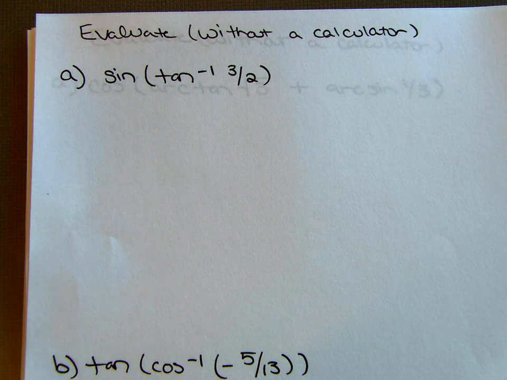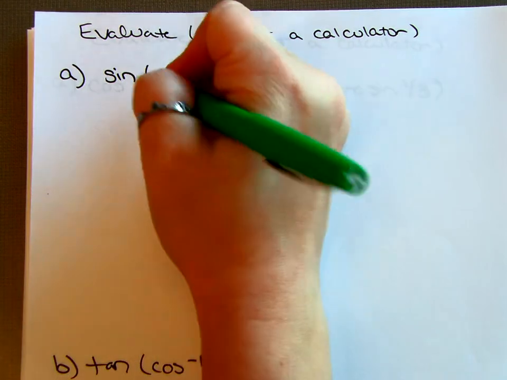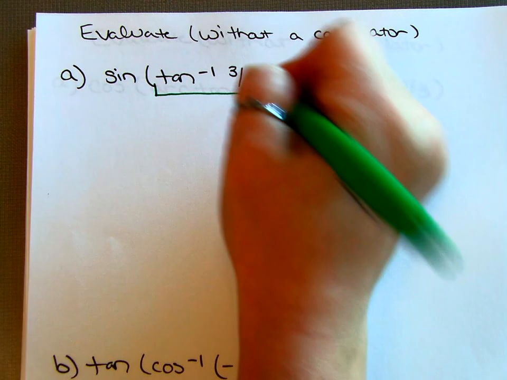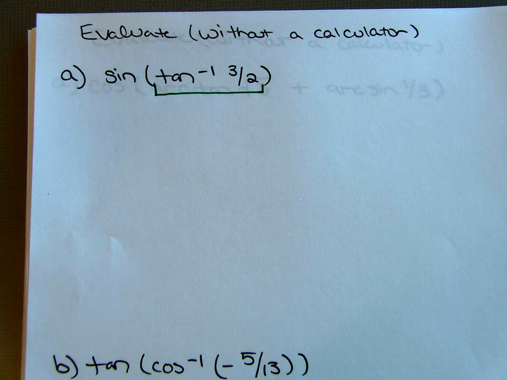So for this evaluation, we have sine of our tangent inverse of 3/2. So that's a whole heck of a lot of stuff. So what I'm going to tell you to do is let's consider what's inside first. We're going to figure this part out, and then we will apply the sine to it.